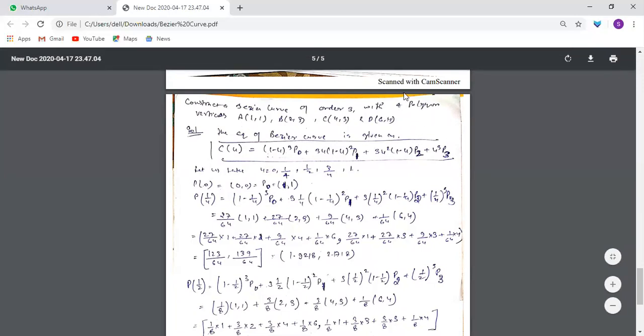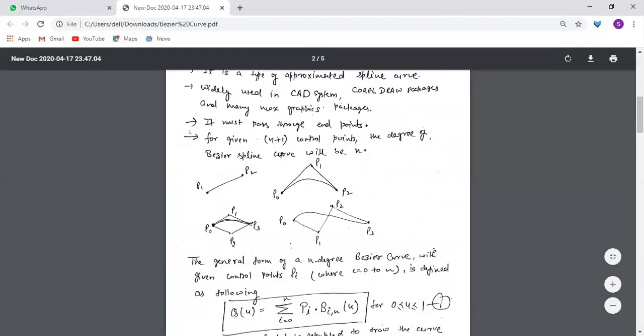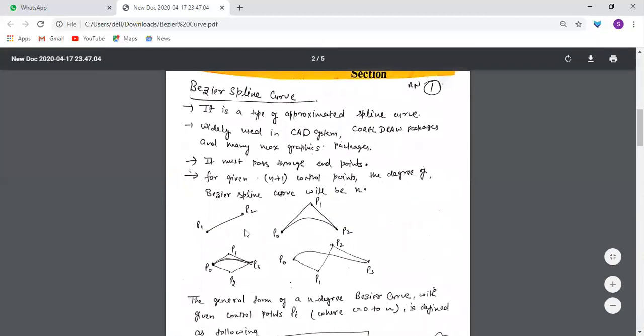So basically polygon vertices are the control points. Basically what we were doing here, we were given 3 control points, so we created a polygon using these control points.